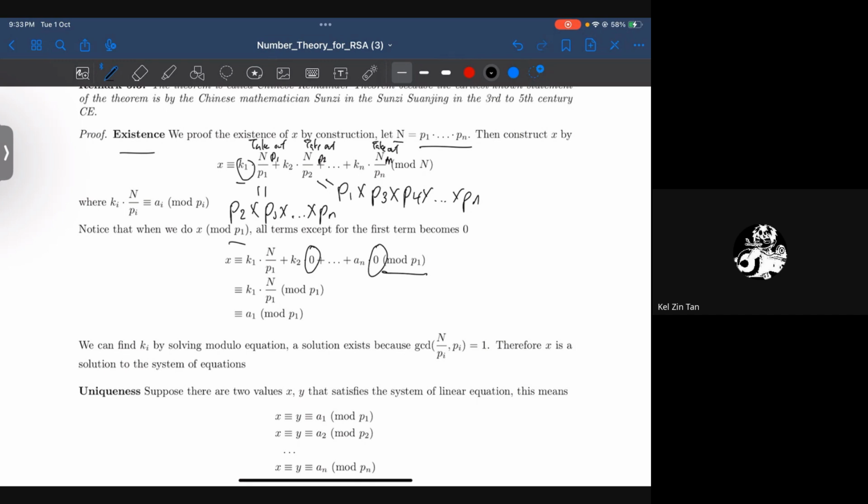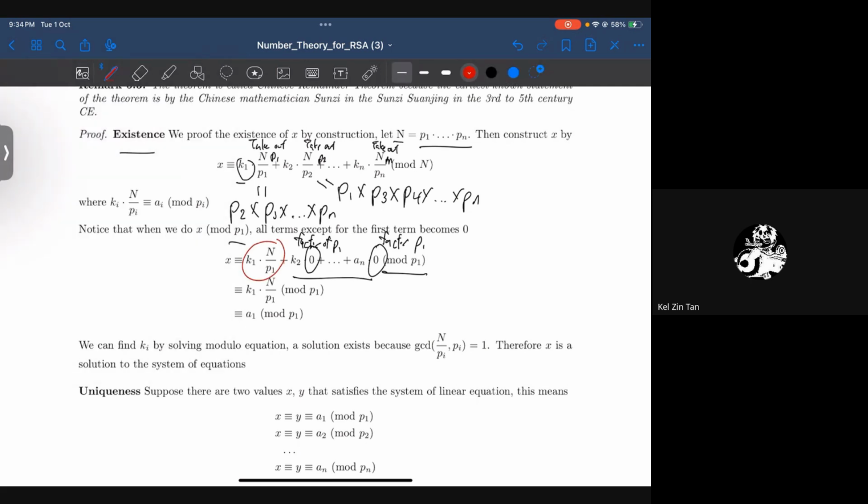Like this one, I take out P2, so it has a factor of P1 inside. And here also has a factor of P1. All the terms except for the first term will always have the factor of P1 inside. So if I construct it like that, then when I take modulo P1, all these become 0, and I'm only left with the first term.